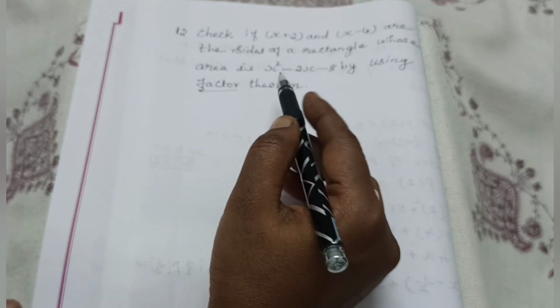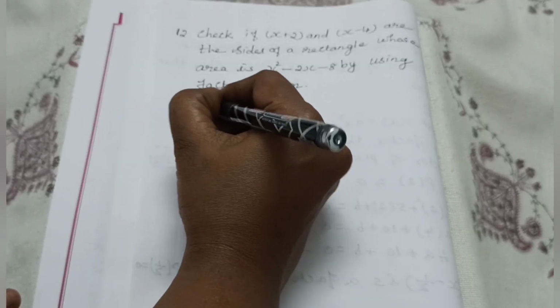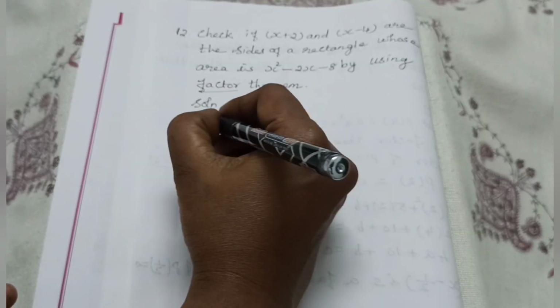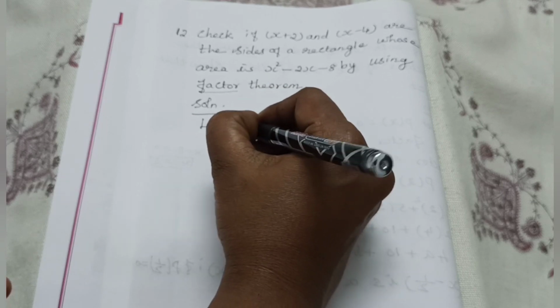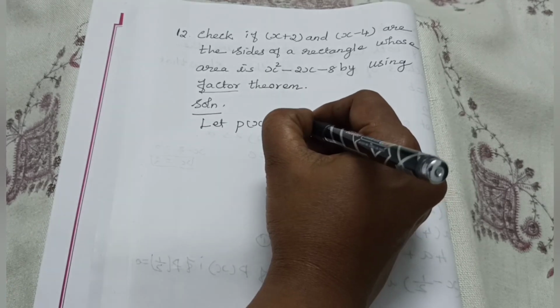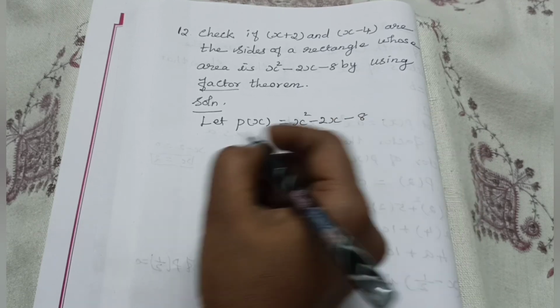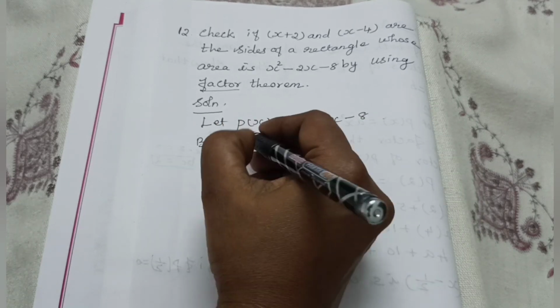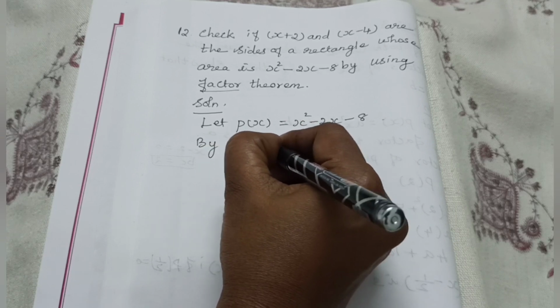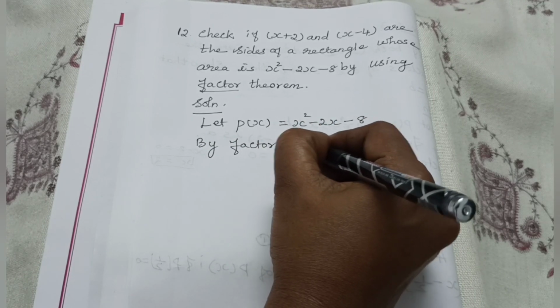Shall we start? Solution. Let p of x is equal to x square minus 2x minus 8. By the factor theorem.